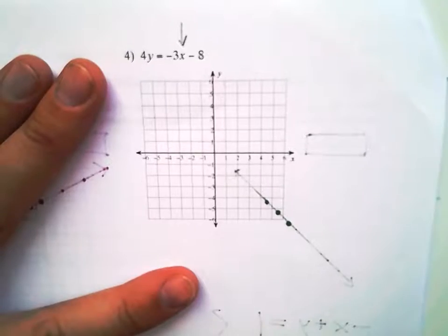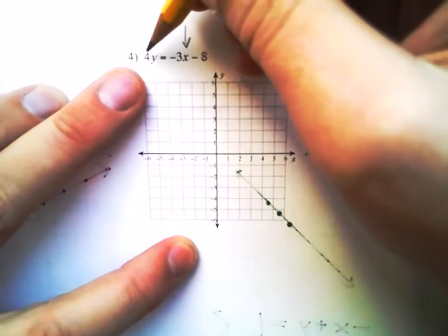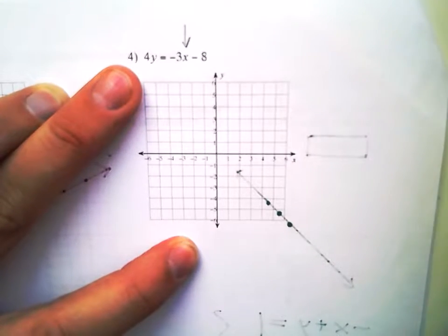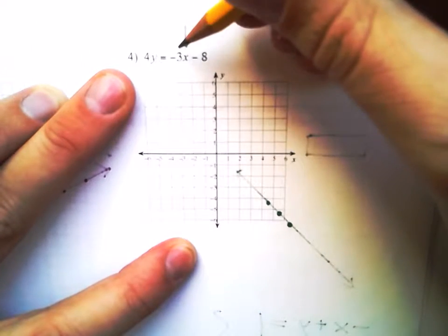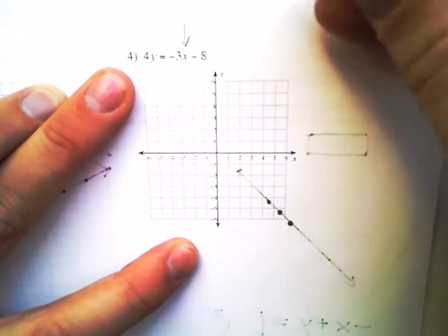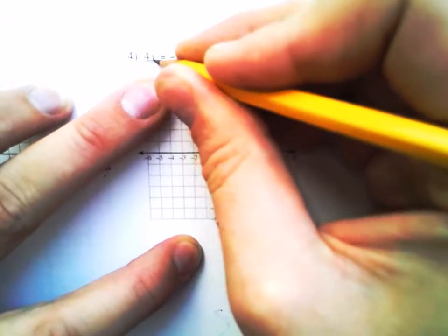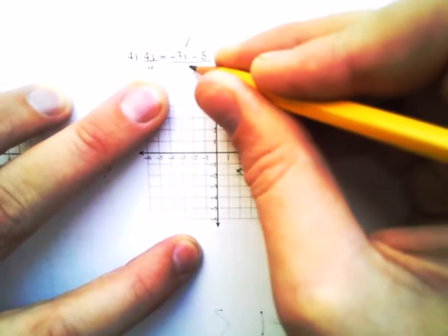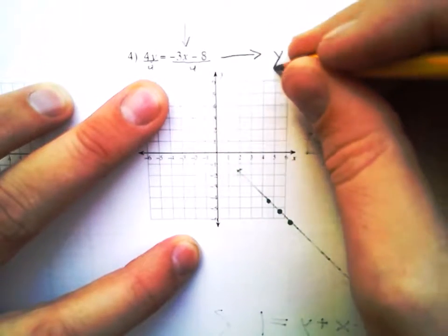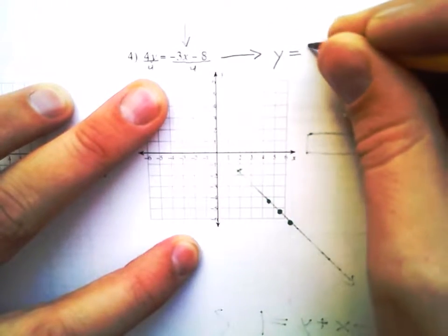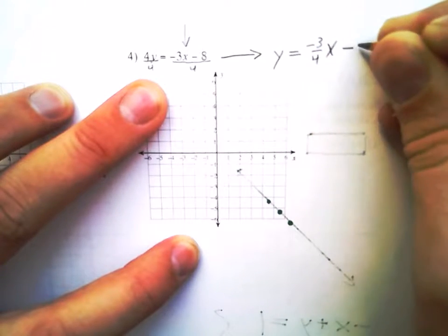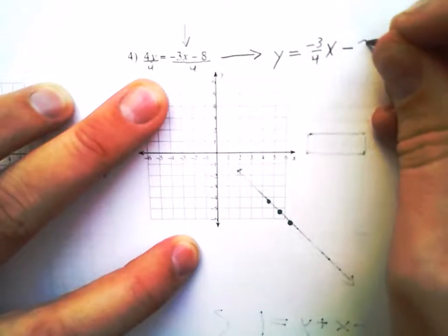But the easier way is if we just put the equation into slope-intercept form before we start messing around with points. So if you notice, you could divide both sides of the equation by 4, and the equation will become y equals negative 3/4 x minus 8 divided by 4 is 2.